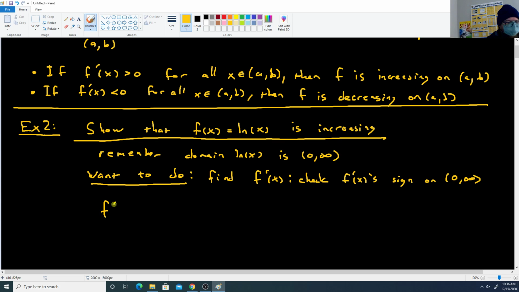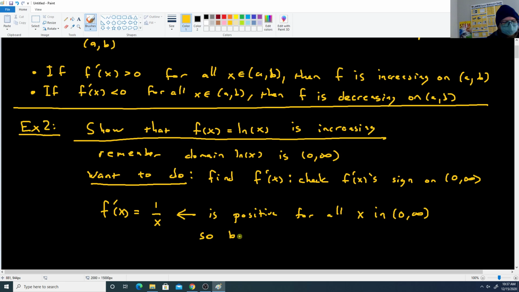So f prime of x: remember, the derivative of natural log of x is 1 over x. And then 1 over x, if you input a positive x, 1 divided by a positive x is positive. So this is positive for all x in 0 to infinity.